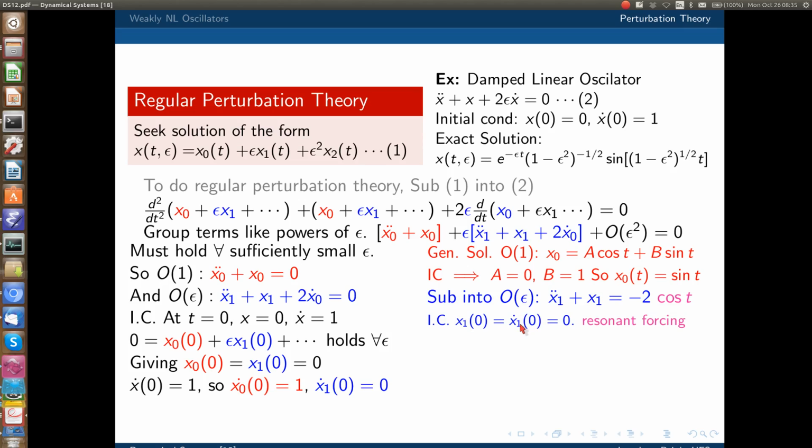And there's a problem, right? In this type of equation, it's a resonant forcing, right? Whenever you have a term that's being put in here on the right-hand side, that's a function of t, that has the same frequency as the natural frequency of your system, right?